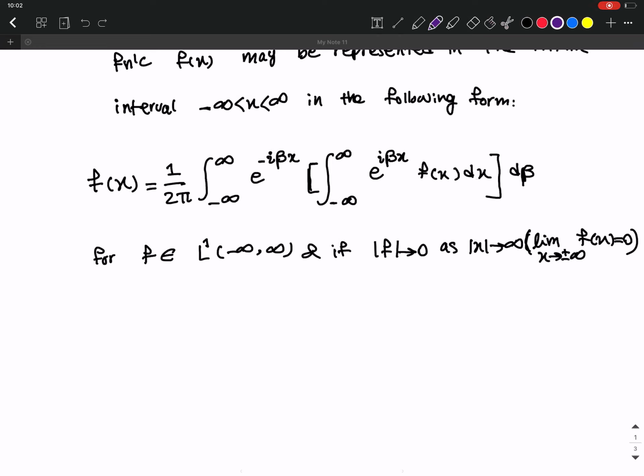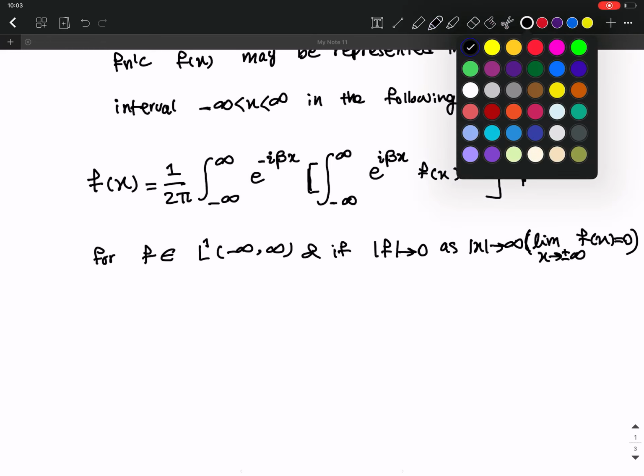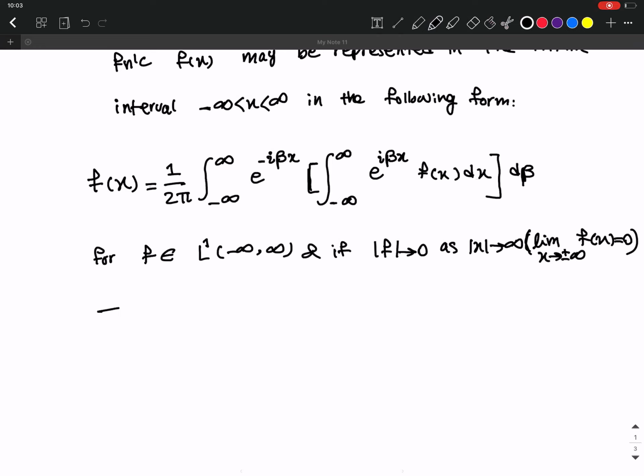So here we have integral transform. Let me, before that, write a note here, and then we can write that. These constitute a Fourier transform pair as the following.